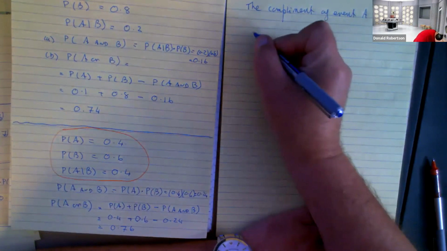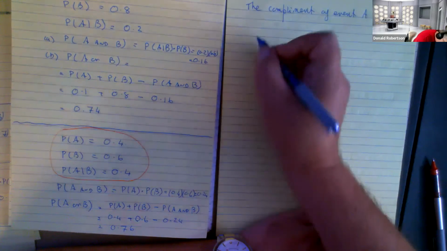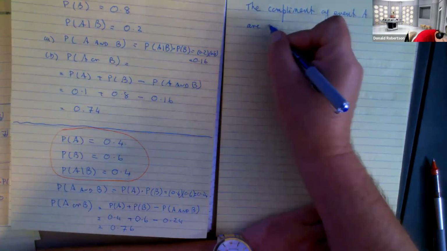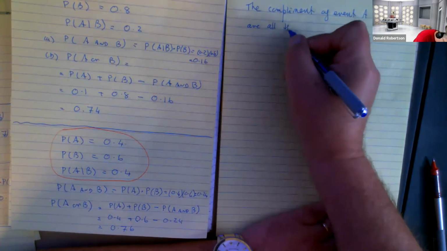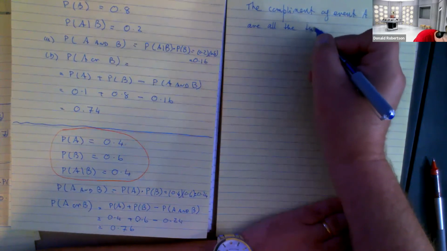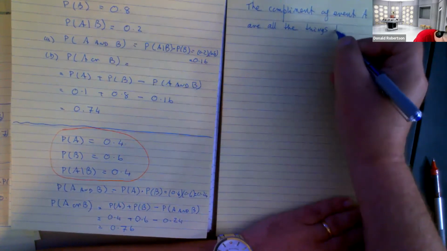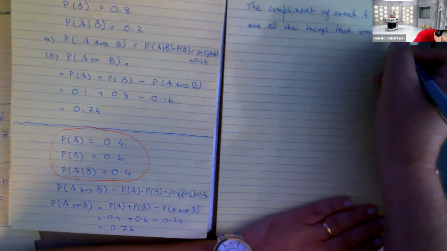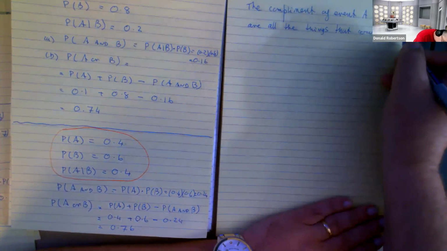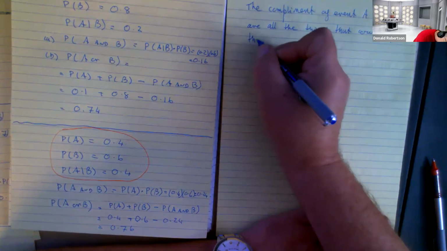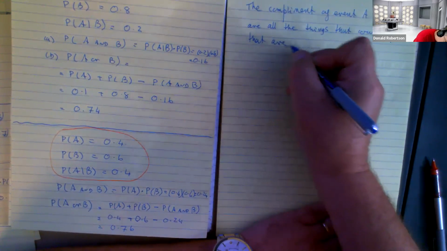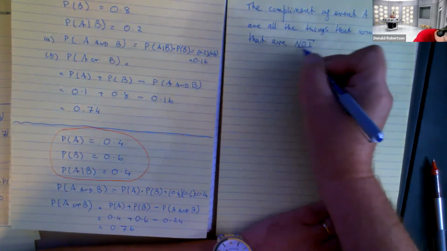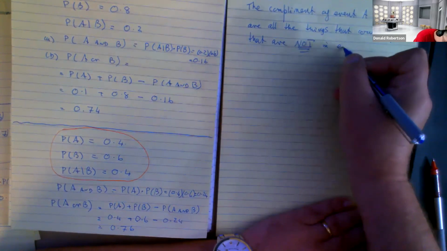So the complement of an event are all the things that could happen that are not in event A.